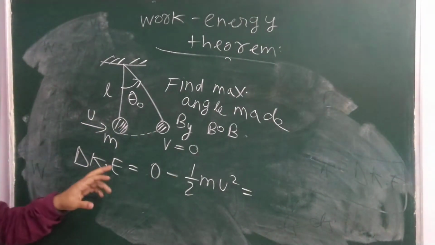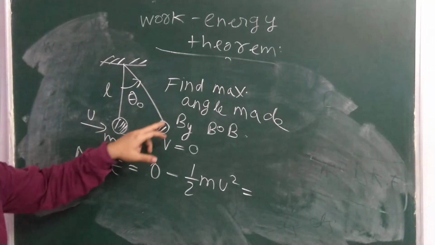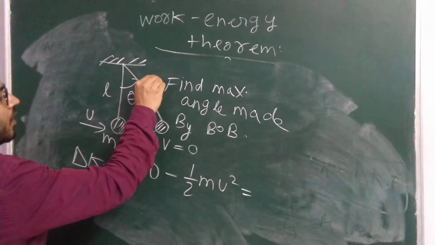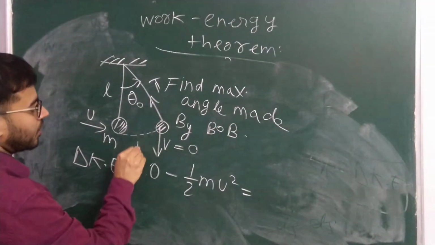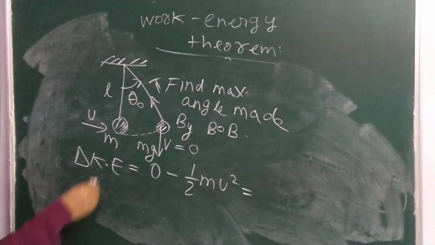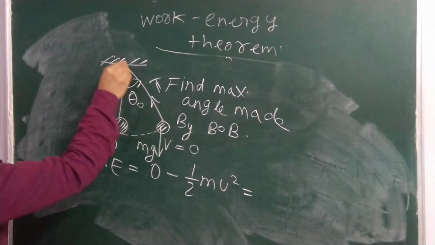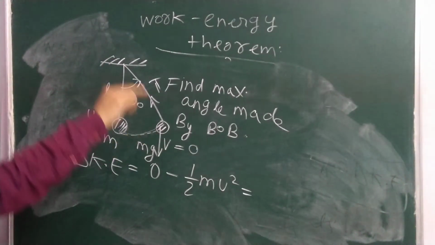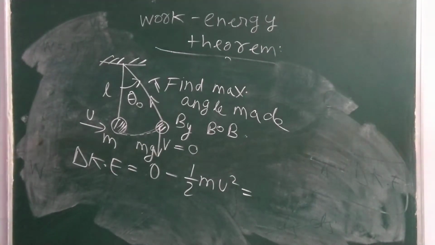Now, how many forces are here? As you can see, as it moves from here to here, there is of course the tension, and of course there is the weight acting in the downward direction. So now you can see that tension is acting in the radial direction, and this bob is moving in a tangential path. You could say arc of a circle path.